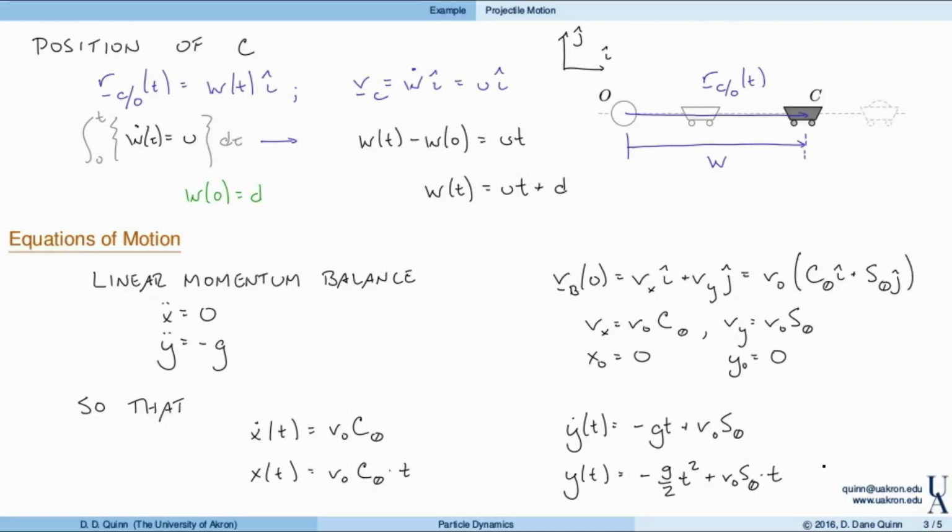So at this point, we have the displacement of the cart as a function of time, and we have the displacement of the ball in both the horizontal and vertical directions as a function of time. In addition, we also recover the velocity of the ball as a function of time. Now that we have the motion, we need to identify when the ball lands in the cart.